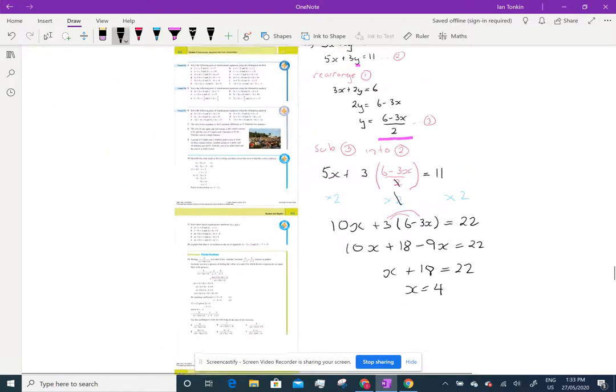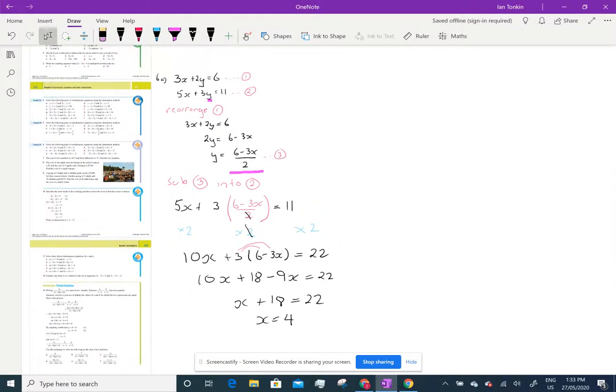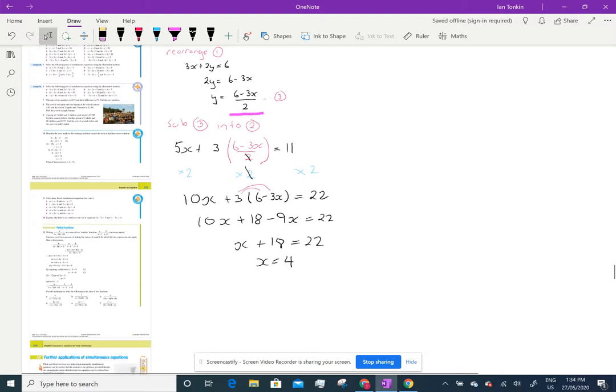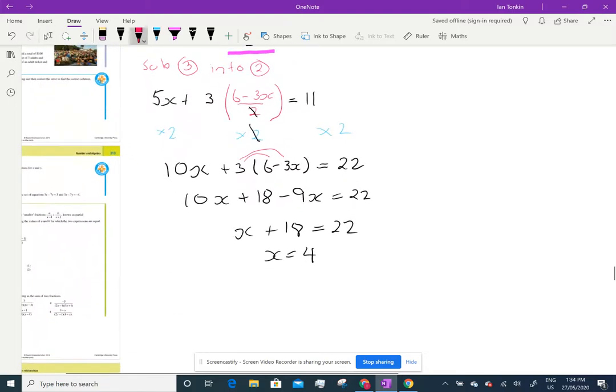Now I've got a choice. I have 3 equations to sub this into. And the easiest one is equation number 3. But please remember, equation number 3 is just a rearranged version of equation number 1. So here we go. Sub 4 into 3.